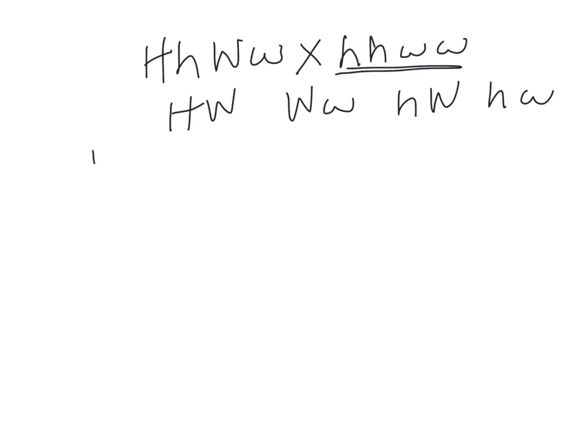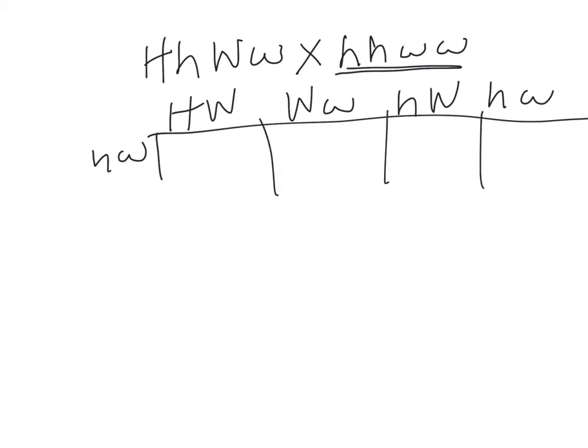But the question students always ask is, can I just do a Punnett square that looks like this, rather than keep on repeating little h, little w all the way down the line? And the answer is yes, you can. It shortens your Punnett square, and College Board may do this just to make your life a little easier, especially this year since we've got a short period of time to answer the questions.